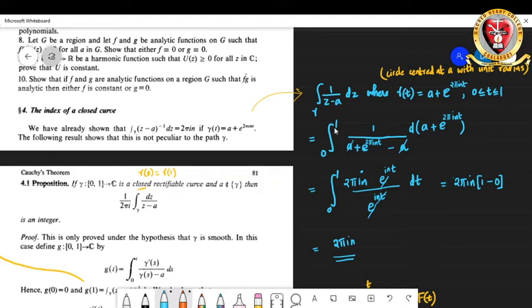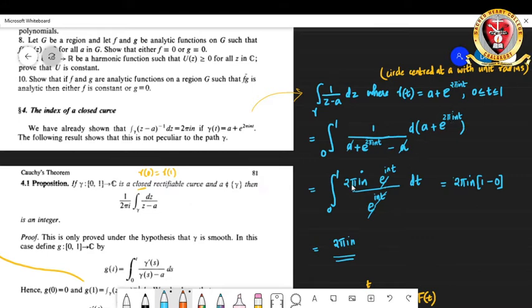It is actually the line integral definition that is being used here. Here, the integral over gamma of 1 by z minus a dz is equal to the integral with t varying from 0 to 1 of 1 divided by, instead of z, gamma of t, which is a plus e raised to 2 pi i n t minus a, into the derivative of a plus e raised to 2 pi i n t.